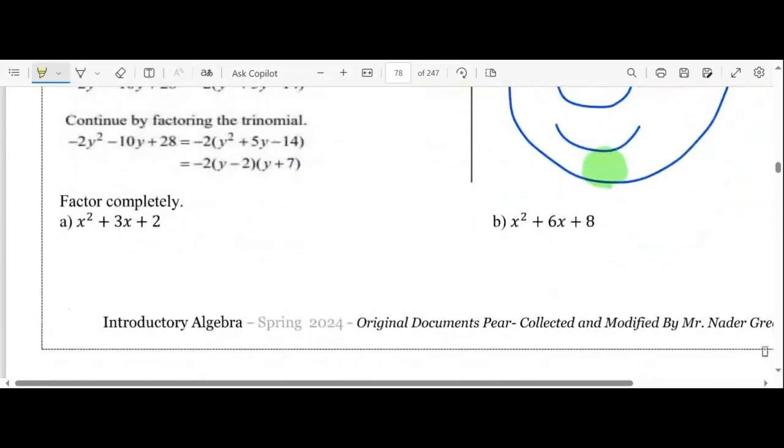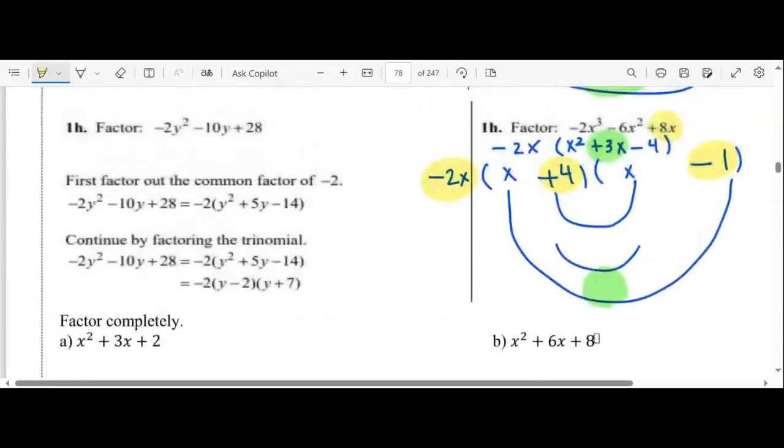Can you do this one? The one in the bottom here? 4 times 2. Yalla, do it. Do it in your notebook. Classwork.